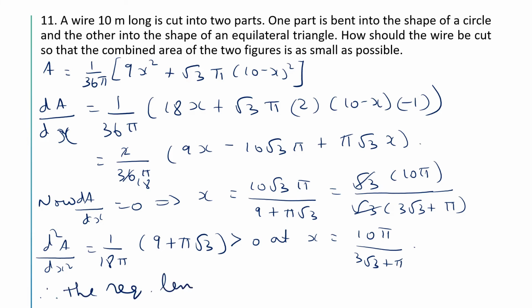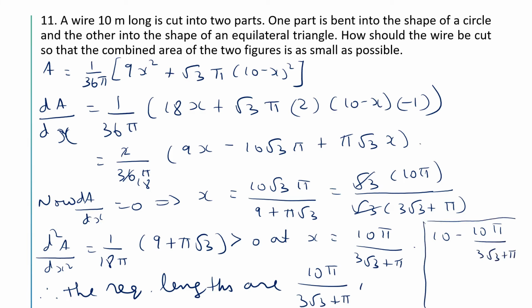Therefore, the required lengths are 10 pi by 3 root 3 plus pi, comma, the other length is 10 minus 10 pi by 3 root 3 plus pi. So 10 into 3 root 3 plus pi minus pi divided by 3 root 3 plus pi.